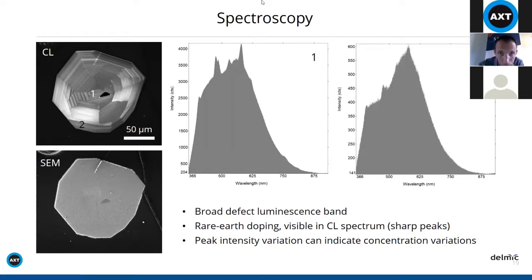Let's see. I will briefly go back to questions. One question is whether there's an advantage to using angle-resolved imaging in zircons compared to other techniques like intensity mapping or hyperspectral imaging. I wouldn't really say so.